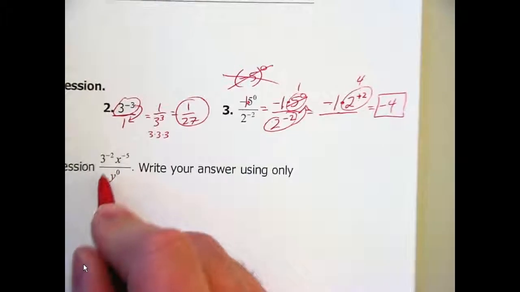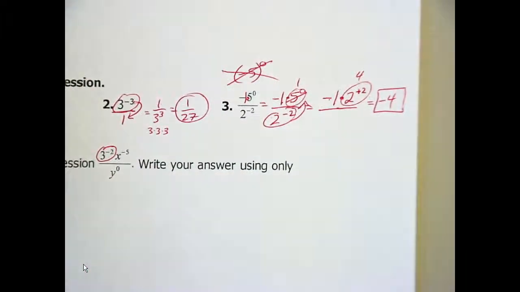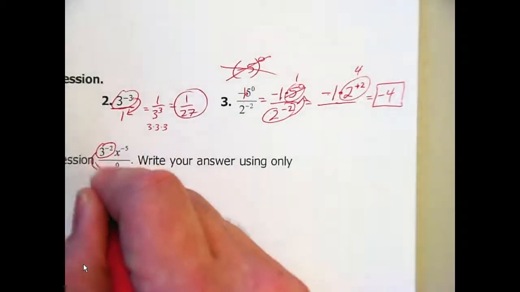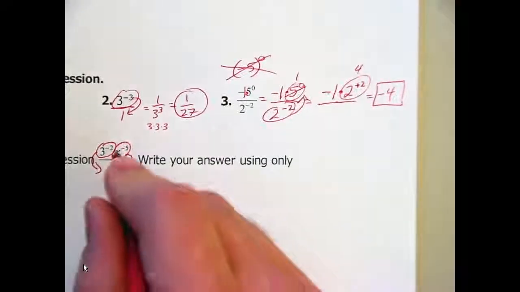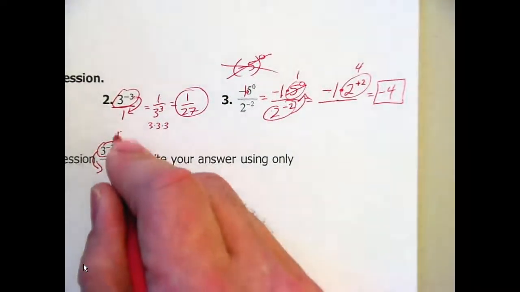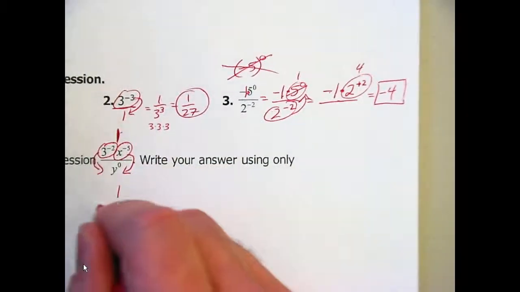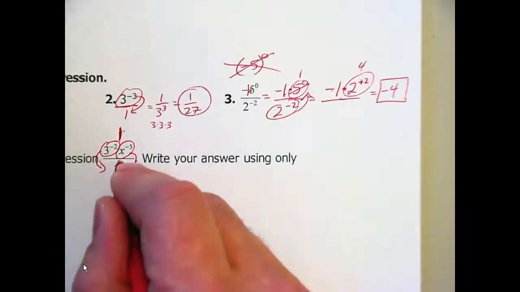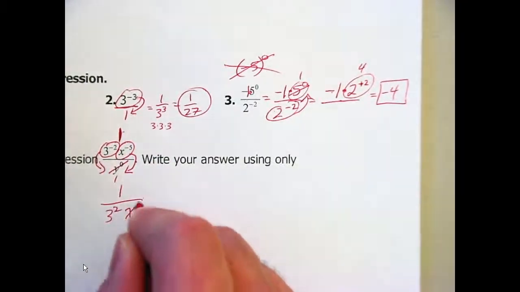So when I simplify this one, what happens to this piece? What happens here? Okay, so on top I'm left with? Yeah, if everything moves, it's left with 1. 1 over, what's y to the 0? 1. So 1 over 3 squared and x to the 5th.